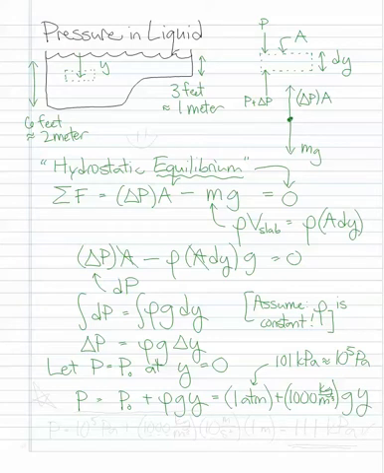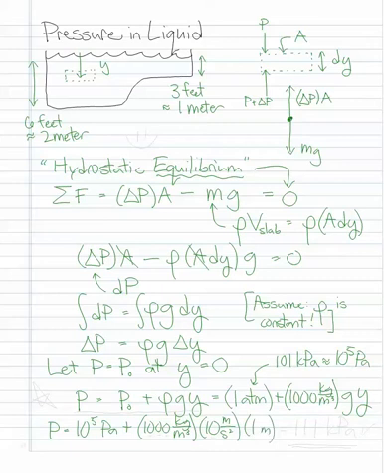And so we get that the pressure is 10 to the 5 pascals plus 1,000 kilograms per meter cubed times 10 meters per second squared times 1 meter.